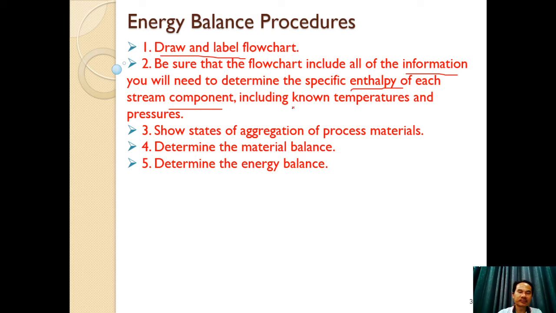The third step, you have to choose the reference state or state of aggregation of the process. Then you determine the material balance and determine the energy balance. You have to balance both.